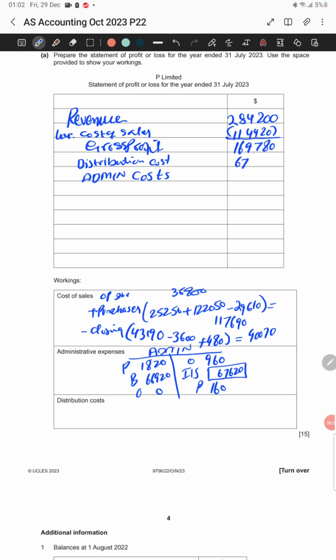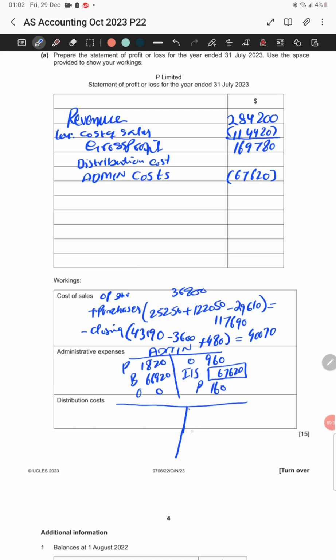In the admin, this is admin expense, 67620. Then we need to calculate distribution cost. For distribution cost, again we can prepare a T account.